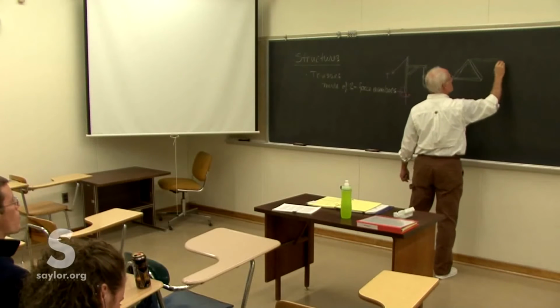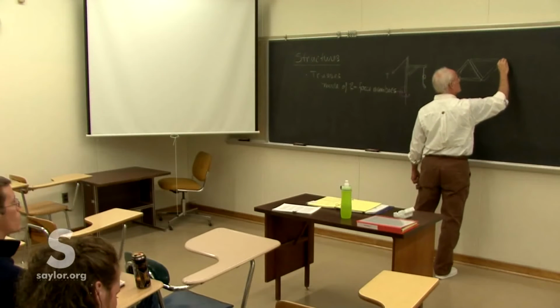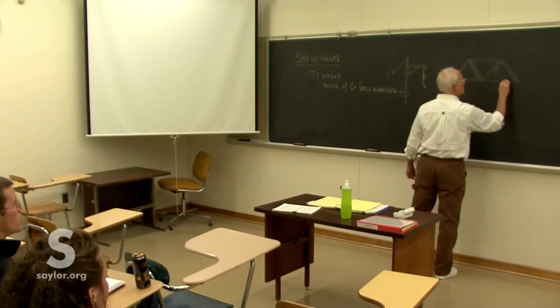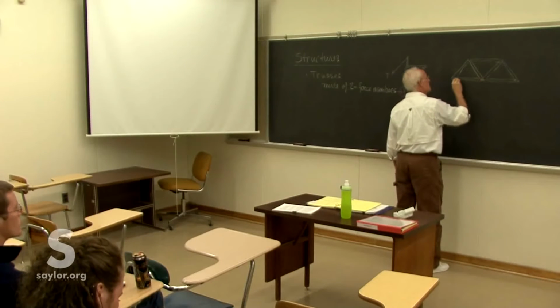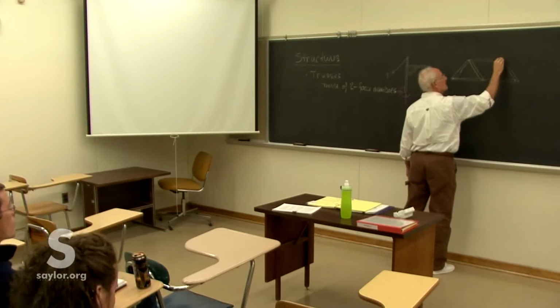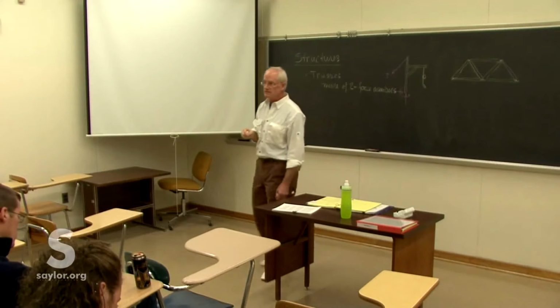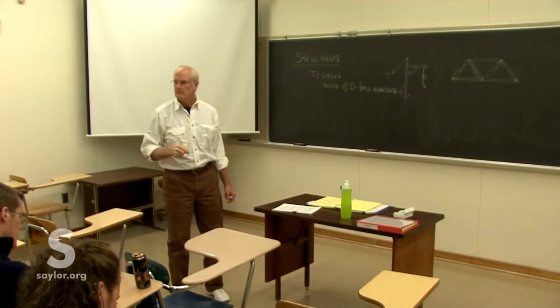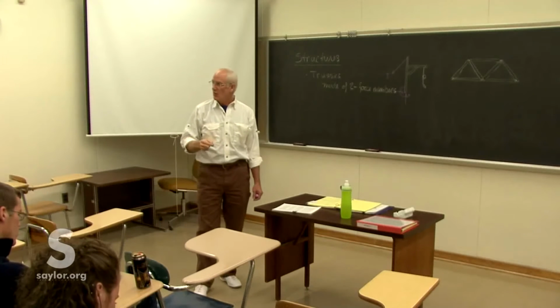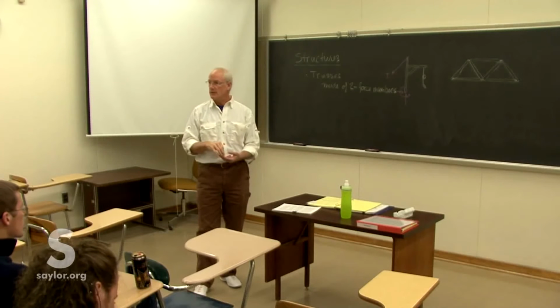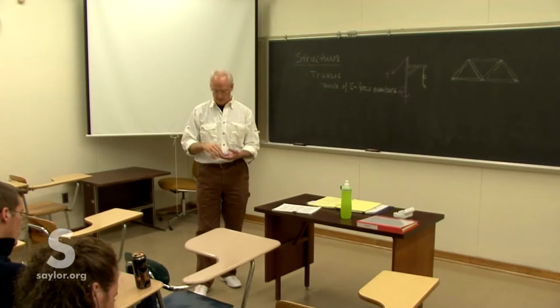So if we're looking at some kind of bridge structure, each of the joint intersections are just simple pins. It means we're also not taking into account what property of most objects?